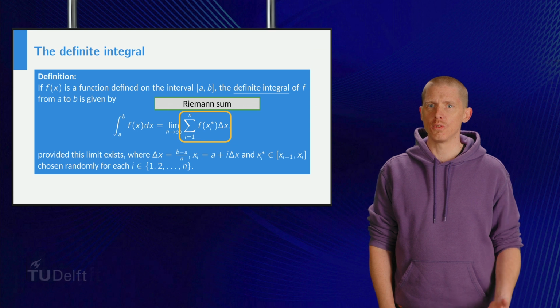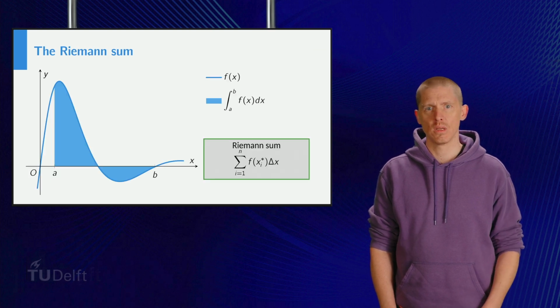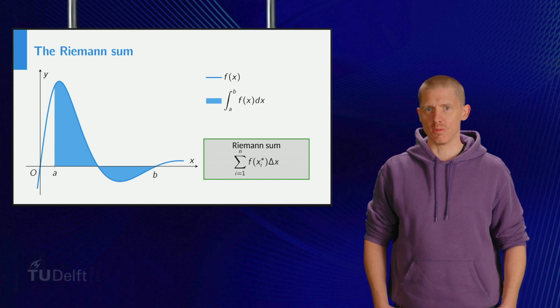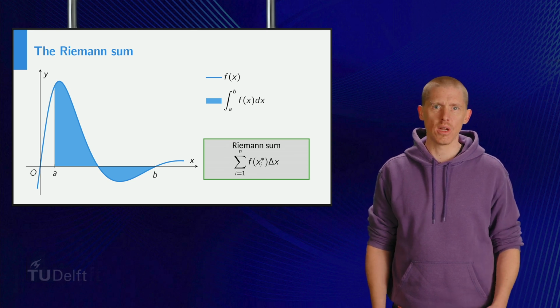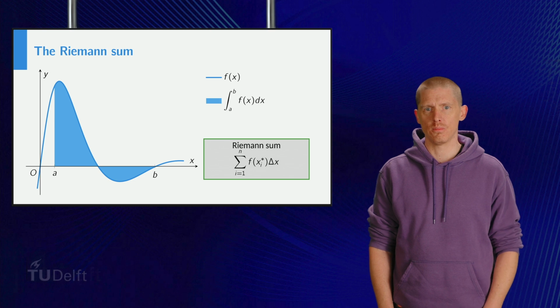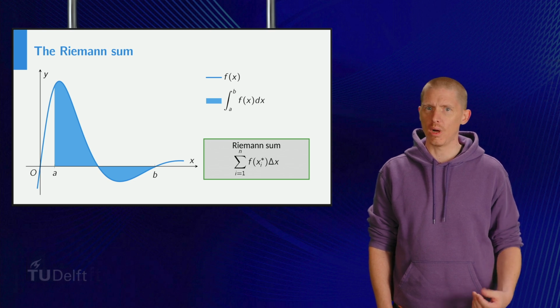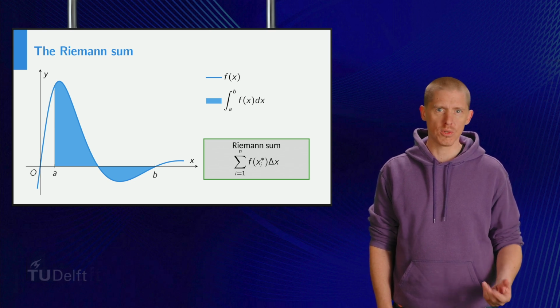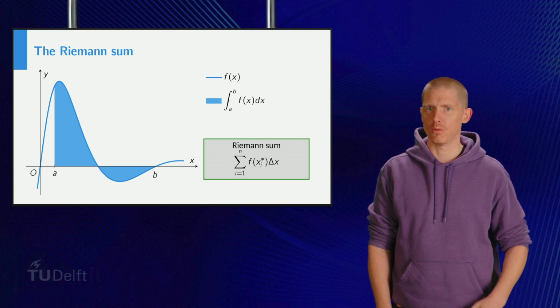Let us return to a visualization to explain this definition. Here you can see the same function as before, including the signed area that represents the integral. First, we will add a visualization of a Riemann sum with a small number of intervals.